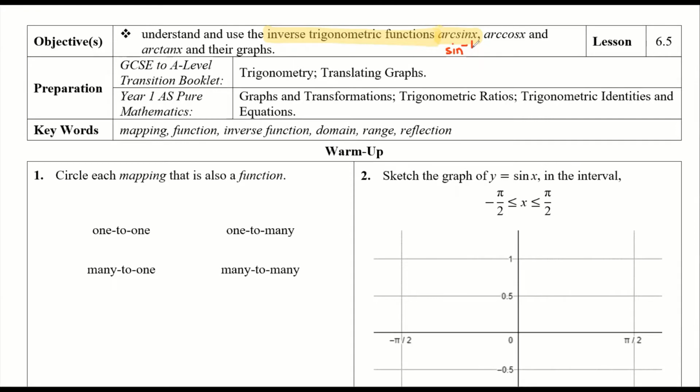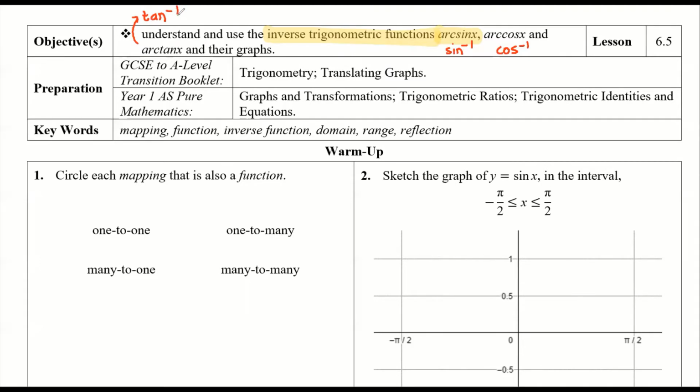And then similarly, arccos would be cos to the power -1. And it would take you from a value on the y-axis of your sine or cos graph to a particular angle. Okay, and also arctan, which of course would be tan to the power -1. So there'll be more about that later.